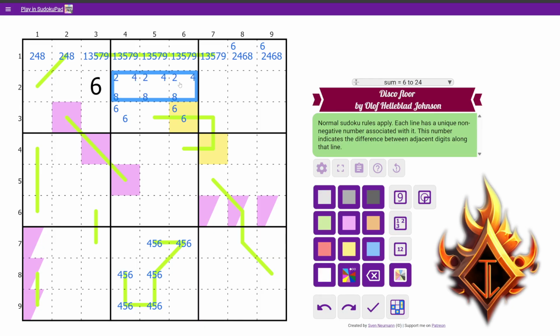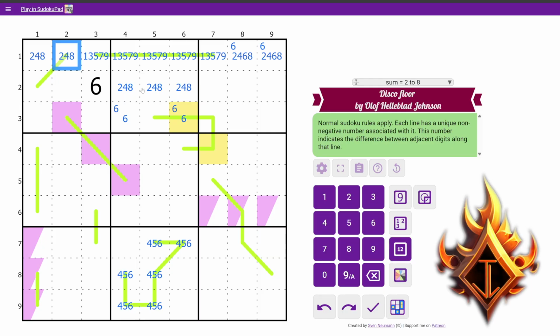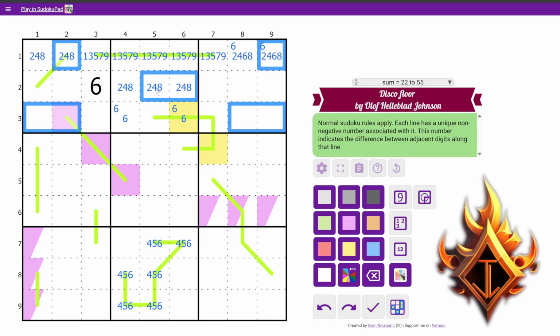If this was 2, 4, 8, like that. This one of those, one of those. These two, the other, no, one would be the 6. The other one would be down here somewhere. And this one, the one in the corner, would be down there as well.